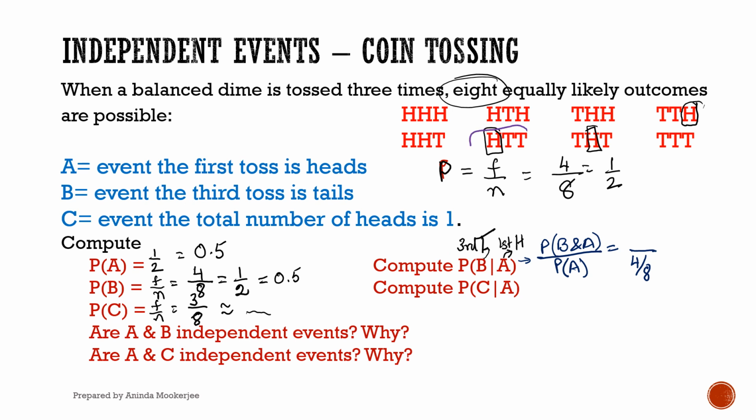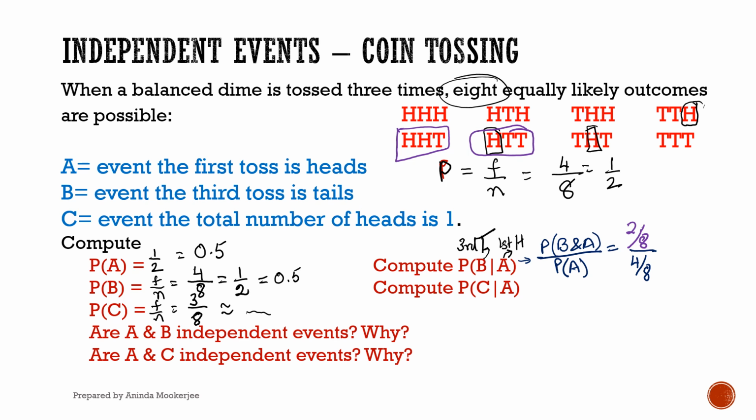So this is one of them. Anywhere else? First toss is heads and third toss is tails. This one too, right? HHT. HHT and HTT. None of the others have first heads, and so it's going to be 2 out of 8.